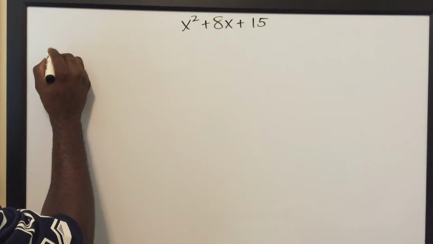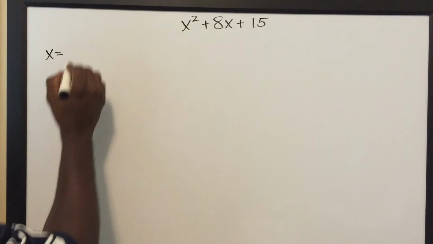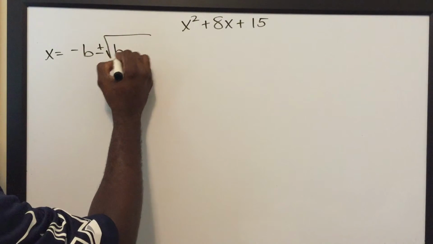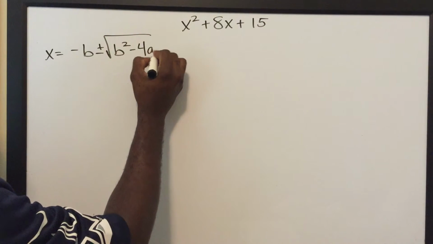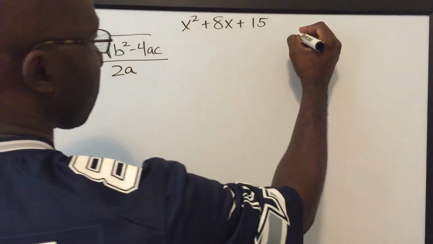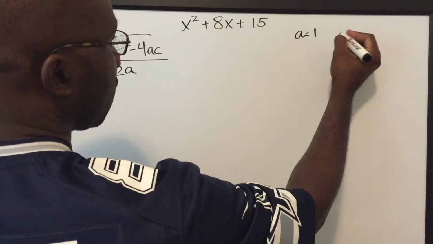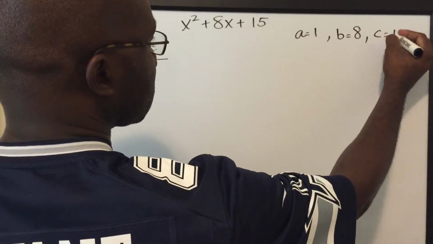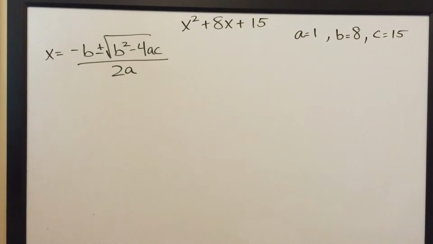The formula is x is equal to negative b plus or minus the square root of b squared minus 4ac all over 2a. What is our a here? Our a is 1, our b is 8, and our c is 15.